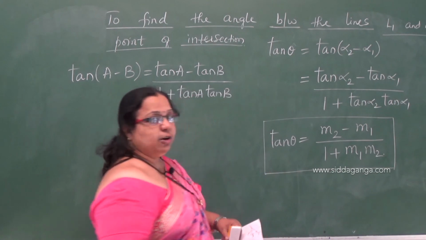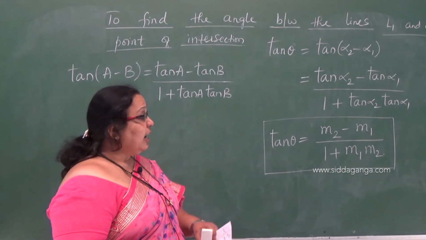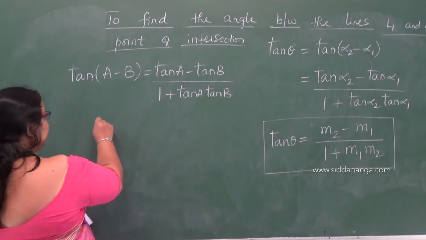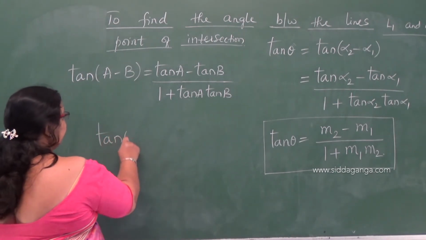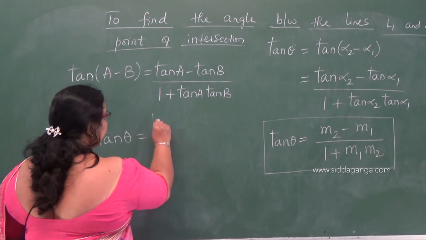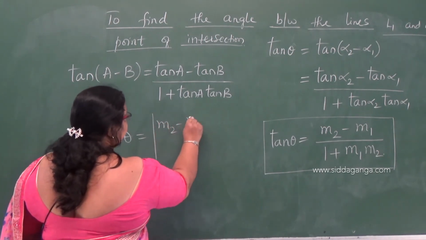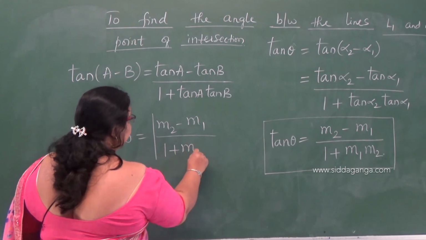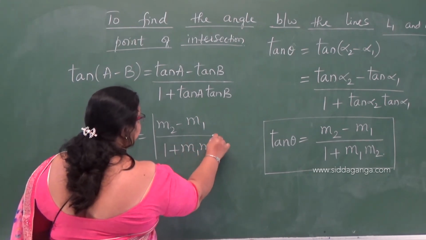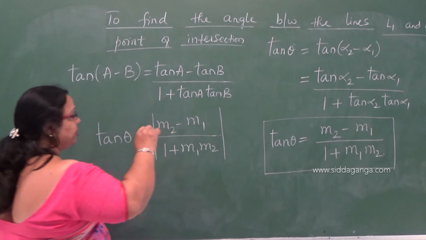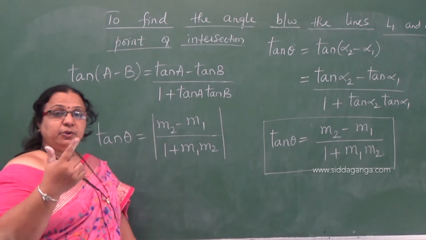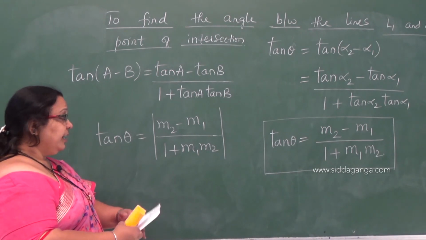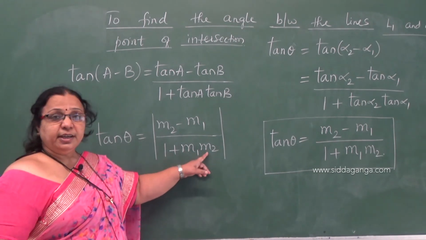So to always get an acute angle, we have tan theta equal to modulus of m2 minus m1 divided by 1 plus m1 into m2. m1 into m2 or m2 into m1 is the same, so we can take m1 into m2 here.